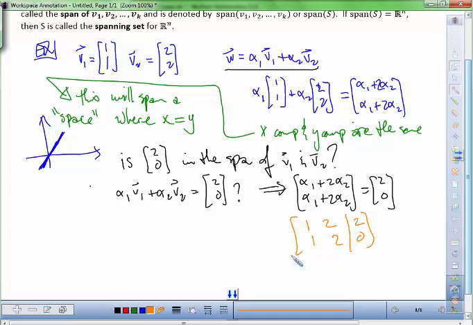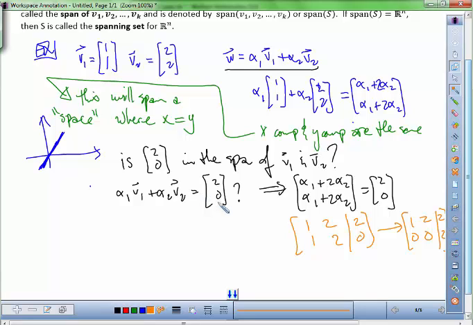And then if I try row reducing, what am I going to get? I'm going to get 1, 2, 2, and 0, 0, 2. So I don't get a solution here. I can't. So that's from the matrix way of doing it.